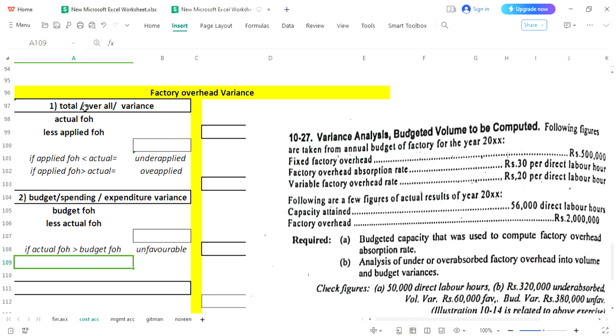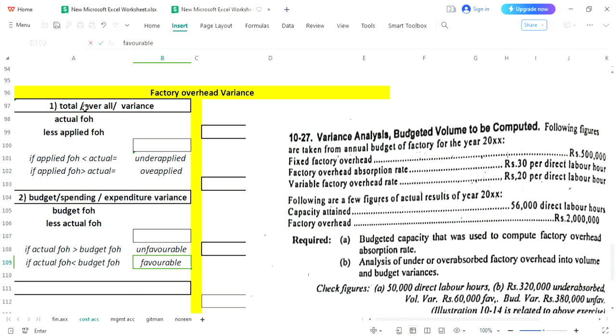Budget means you have arranged an amount, but unfortunately you have to spend more than that arranged amount. It would be an uncomfortable situation for you. That is why you consider it as unfavorable. Contrary to that, it may be possible your actual FOH is less than your budget FOH. It would be good news. Your actual expenses are less, so you may call it a favorable variance.